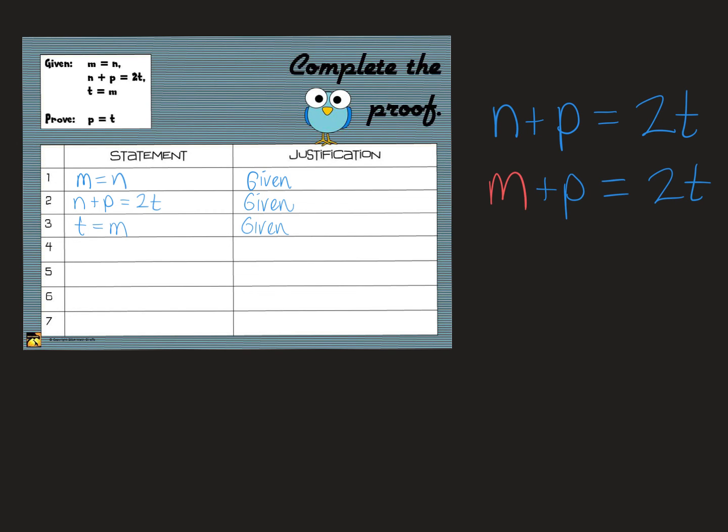Okay, so since those things are equal and we just plugged one in, that's called substitution, when you are just changing out one part of an equation. Okay, now we also know that m is equal to n, that's just going to get us back where we started, which we don't want.